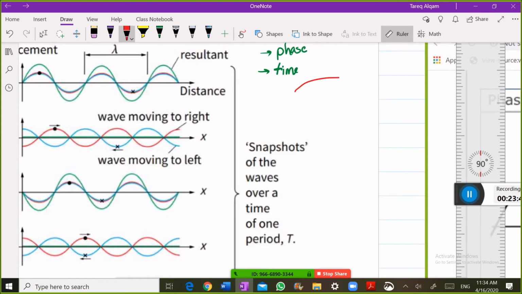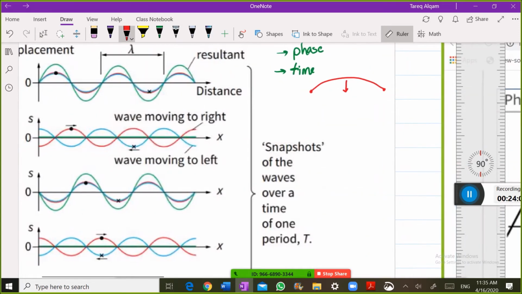After second moment, this peak is shifted where? Downwards. Right? Because in motion of standing waves, up, zero, down, and so on, it oscillates up and down only. This is why it's called standing waves, because the disturbance does not move from one point to another. It just oscillates in its position.